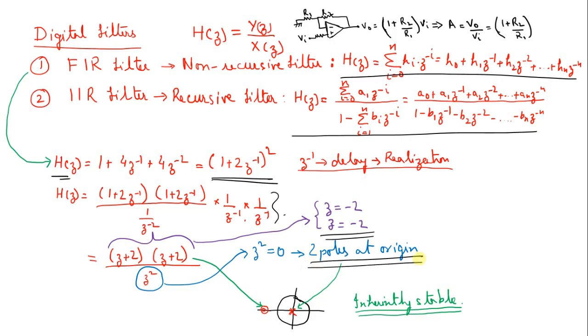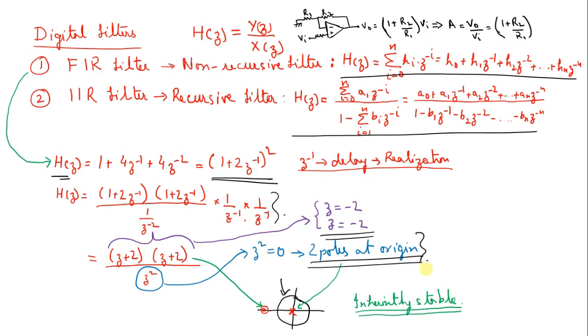Now, talking about the stability of the system, we have already discussed that for a stable system, we have to put the poles within the unit circle. So in an FIR filter, where are these poles?